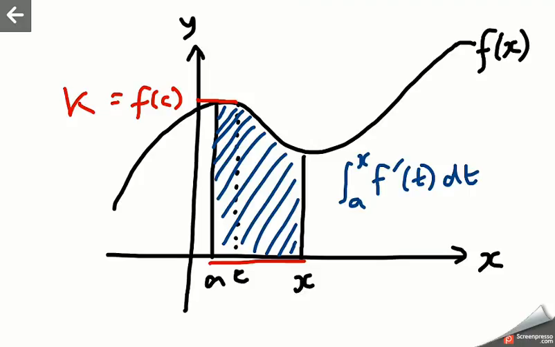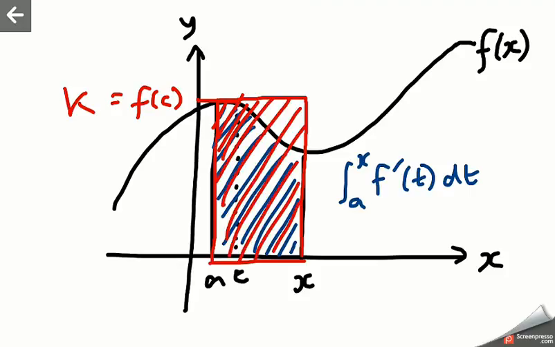Now we're going to do a rectangle though. So we're going to make a red rectangle, and the red rectangle is going to be this one here. And this red rectangle, we can see it has area of the width times the height.